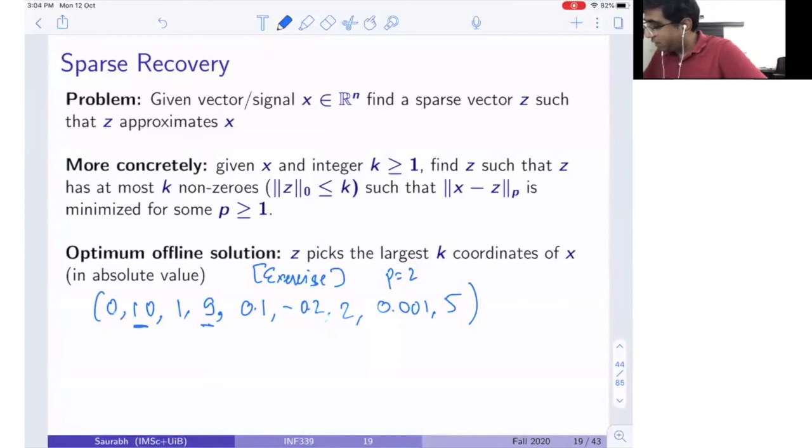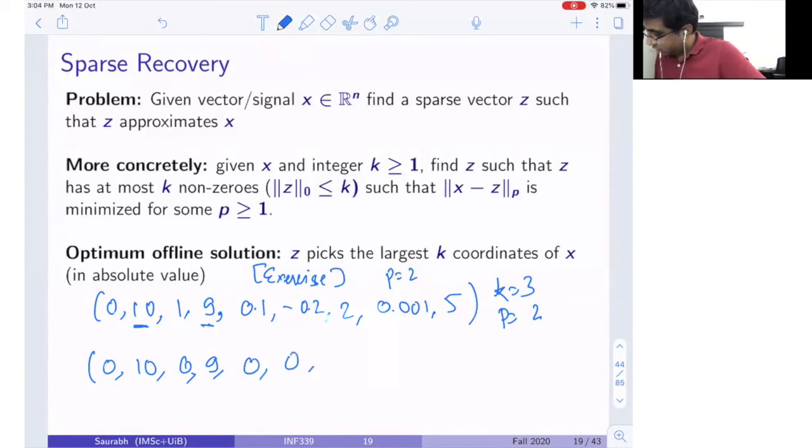So for example, if I give k equal to 3 and say p equal to 2, the best answer will be 0, 10, I don't put anything here, 0, 9, and 0, 0, 0, 0, and 5. Because I have zeroed out the maximum amount of terms which I could, and so this is my answer.